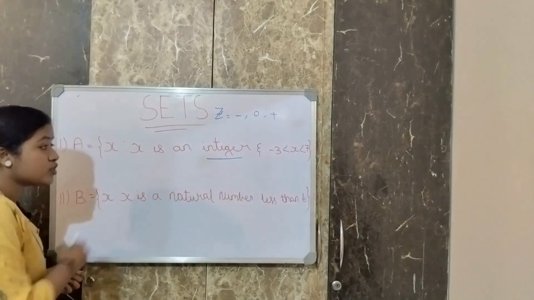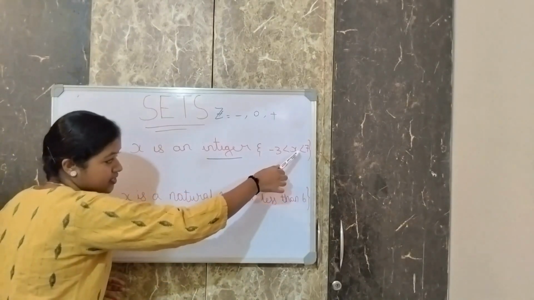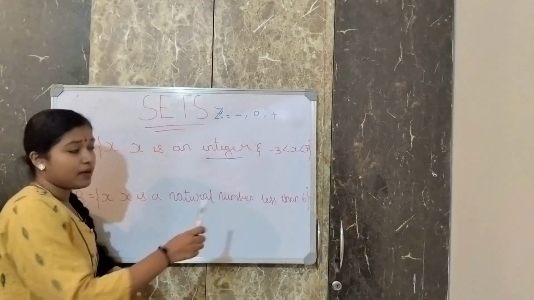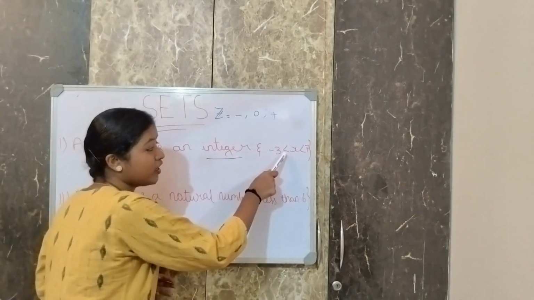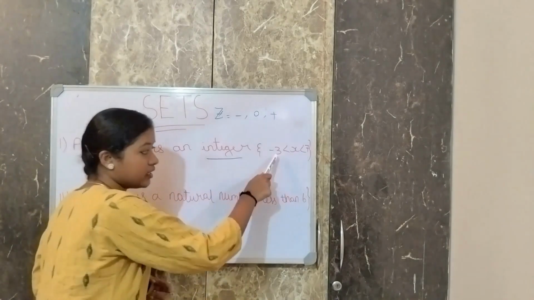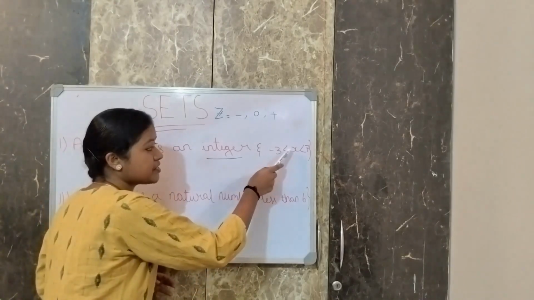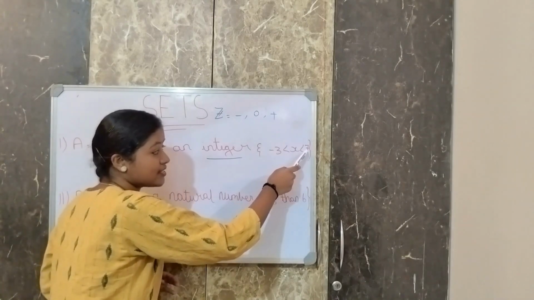And they have also given how many values this x takes. They have given -3 and 7. Is -3 and 7 included here? No, because they have not given the equal to symbol, greater than or equal to, less than or equal to. They have not mentioned it. They have given x is strictly greater than -3 and x is strictly less than 7.